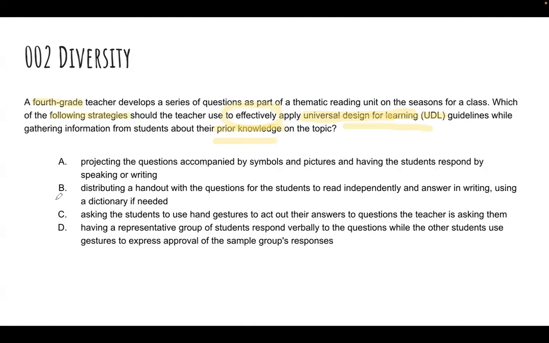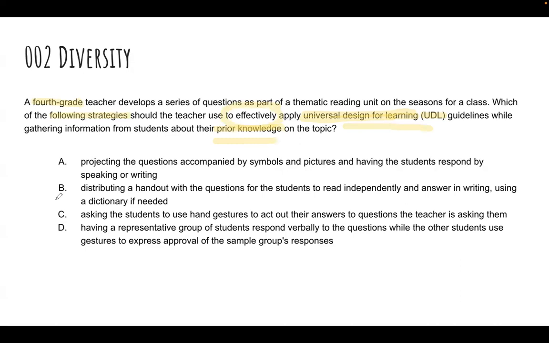C, asking the students to use hand gestures to act out their answers to questions the teacher is asking them. D, having a representative group of students respond verbally to the questions while the other students use gestures to express approval of the sample group's responses.